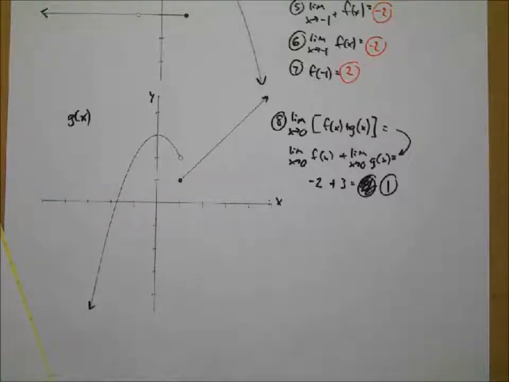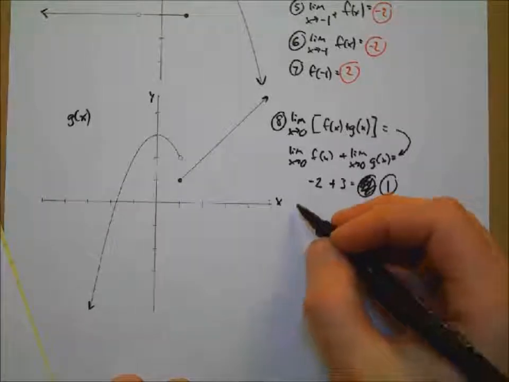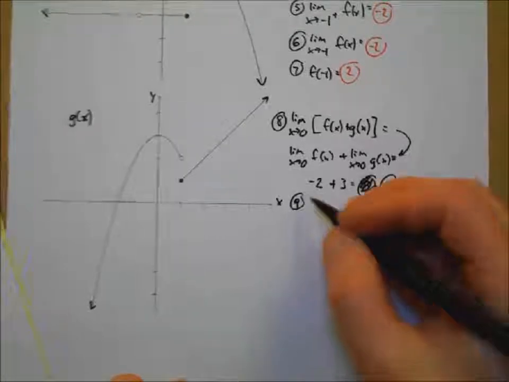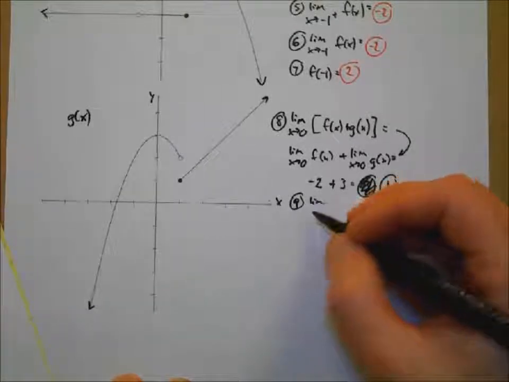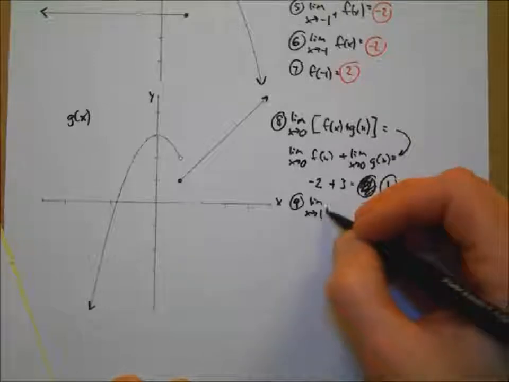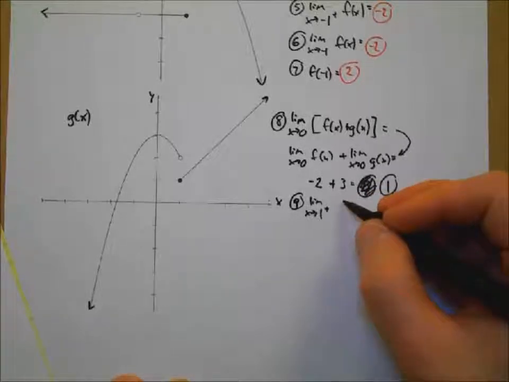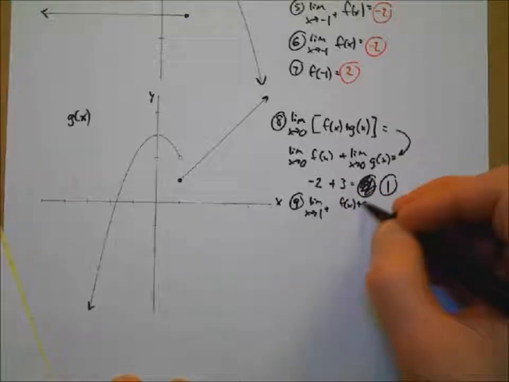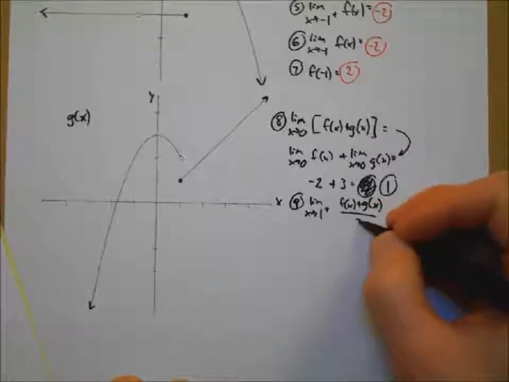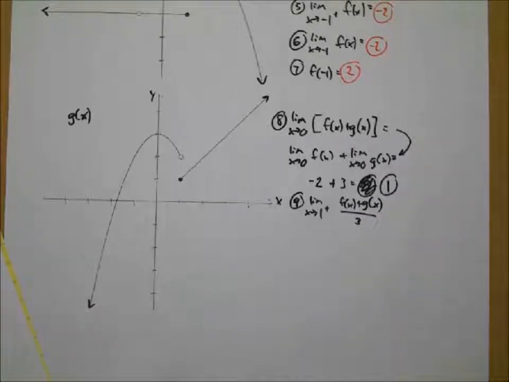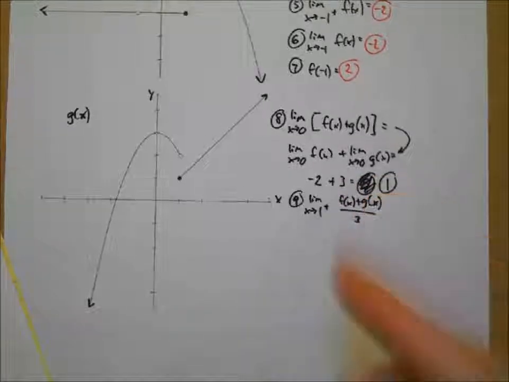How about, let's do another one here, number 9. We'll say the limit as x approaches 1 from the right of f of x plus g of x all over 3. Well, again, we can evaluate the individual f and the individual g, add them together, and then divide by 3.